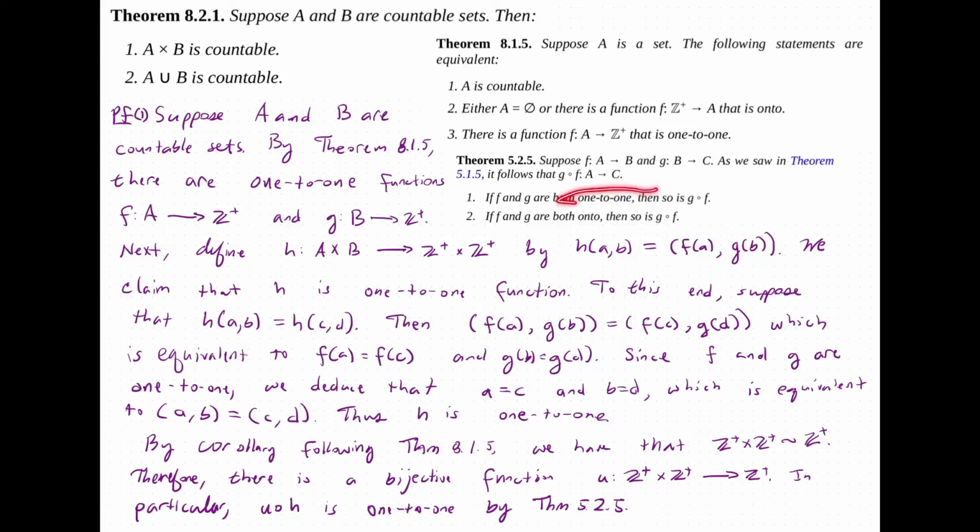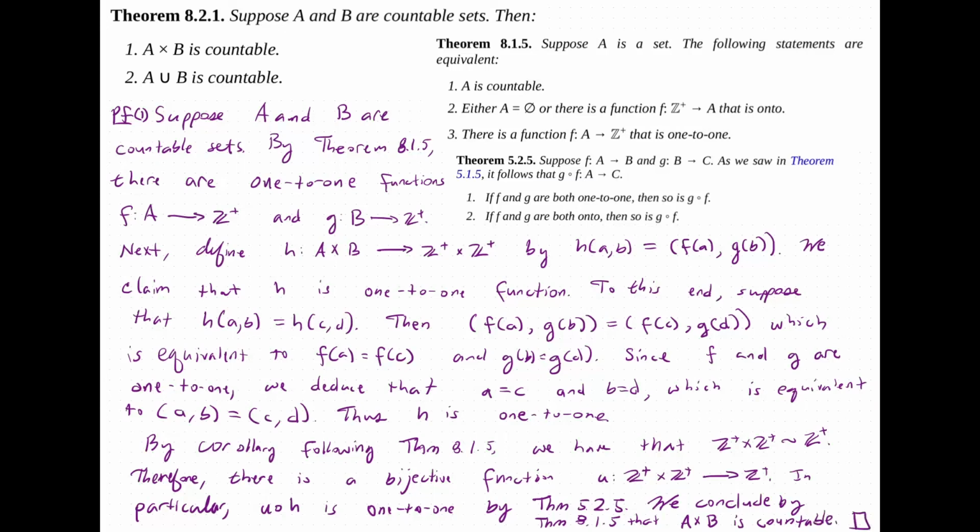So the composition is 1 to 1. Now we use theorem 815 to conclude what we want to prove. So we conclude by theorem 815 that the Cartesian product of A with B is countable. And we are done with part 1.